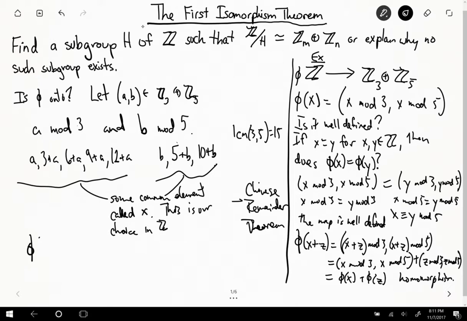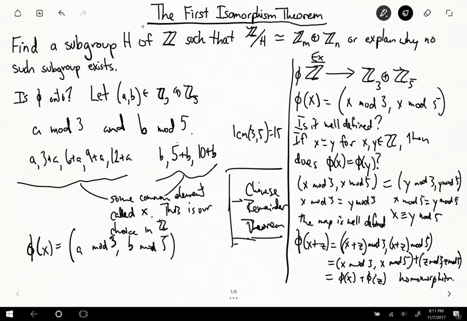So then you'd have phi of x essentially equaling a mod 3 and b mod 5. We have our solution there. Alright, so now hopefully that lets you know. So the Chinese remainder theorem, as I said, I'm doing a little bit of hand waving there, but that's an important result that we can use.